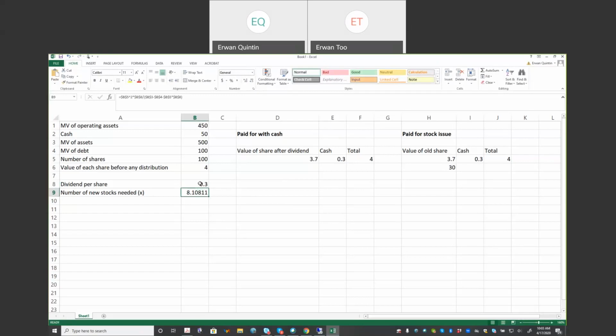Okay, good. Since we have proved just about everything we need to prove, let's go one step further, which is what if, instead of returning cash to my shareholders by paying dividends, I just buy back some of those stocks? So what I'm saying here is, hey, you're a shareholder, you want money back. You know what I'm going to do?